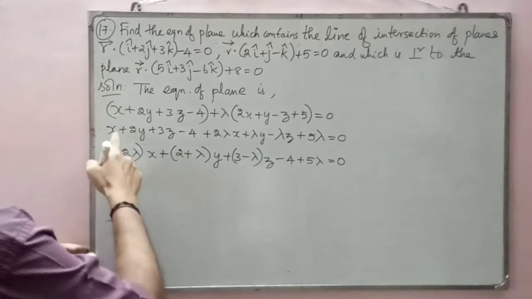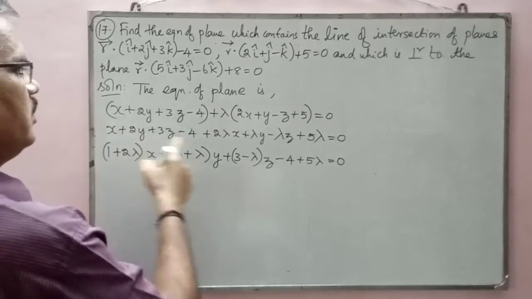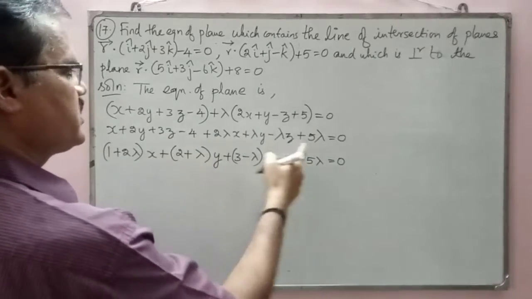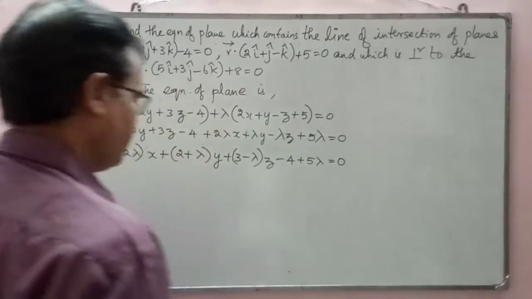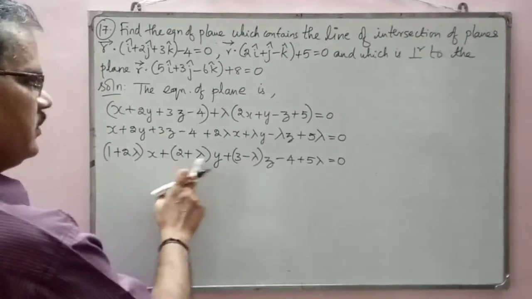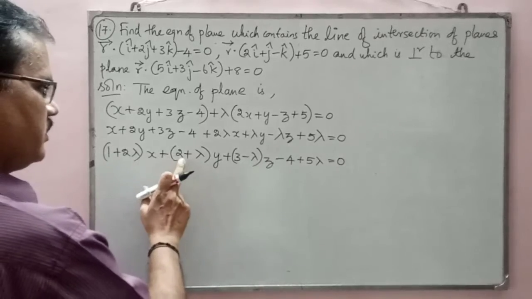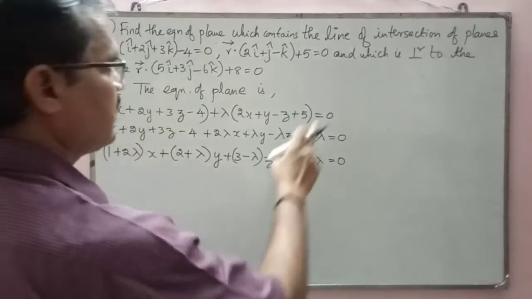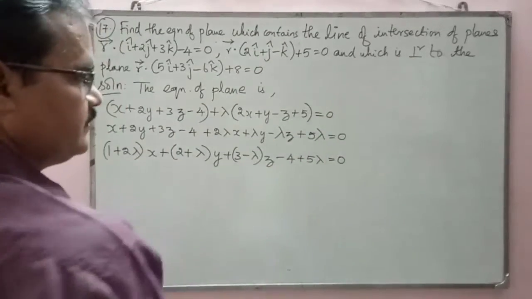Let us check. 1 plus 2 lambda, 2 plus lambda, 3 minus lambda, minus 4 plus 5 lambda. Now, this is our required equation with normal 1 plus 2 lambda, 2 plus lambda and 3 minus lambda. And our plane is also perpendicular to the another plane.